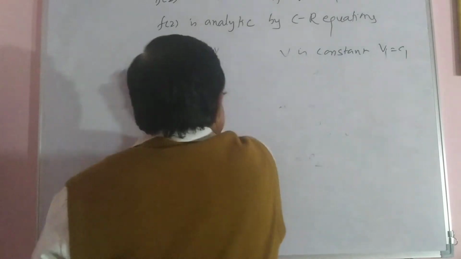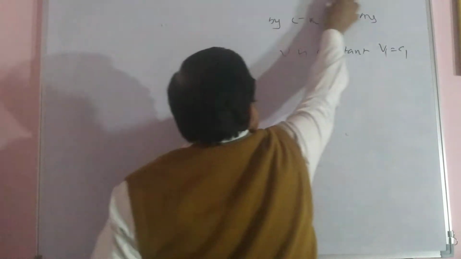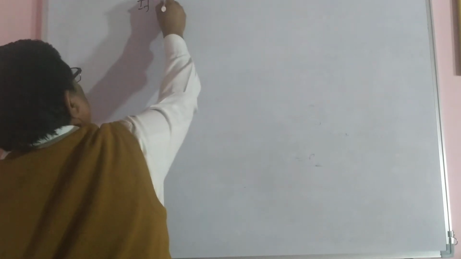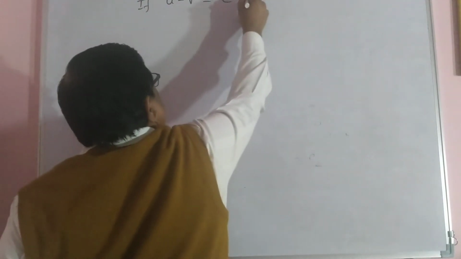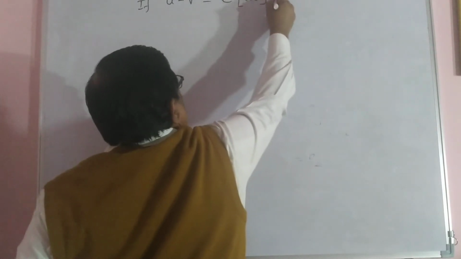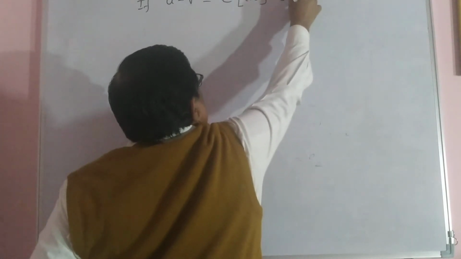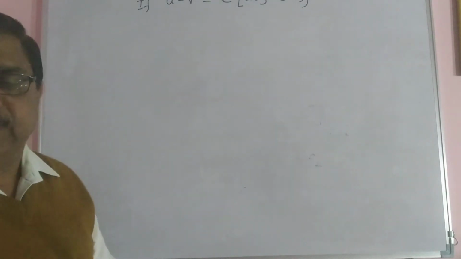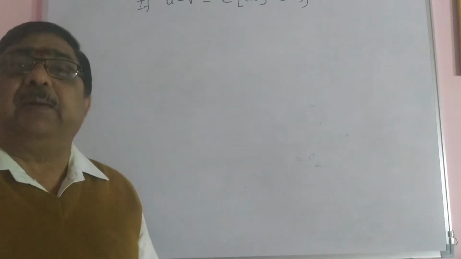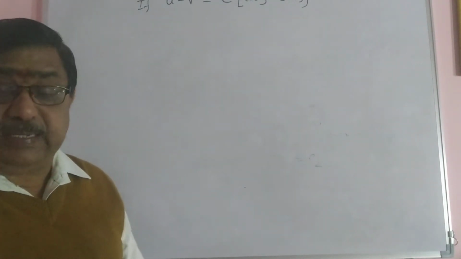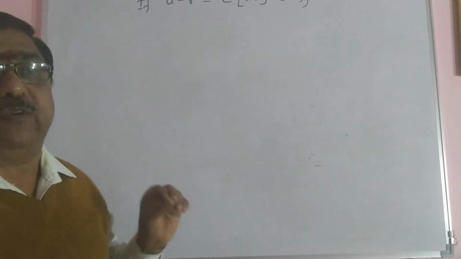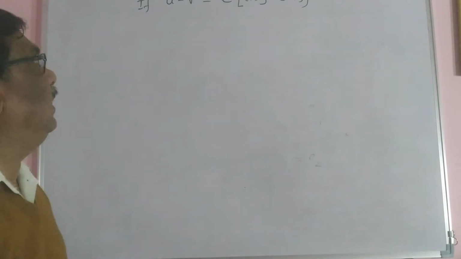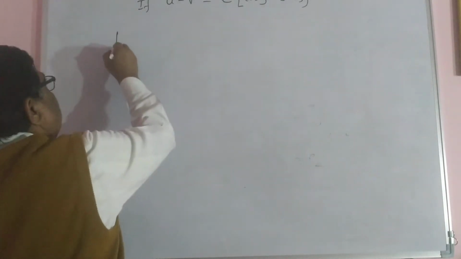One of the problems is here: if u minus v equal to e raised to x into bracket cos y minus sin y, then find out f of z, where u is the real part and v is the imaginary part. Suppose u minus v is given, we have to find out f of z.